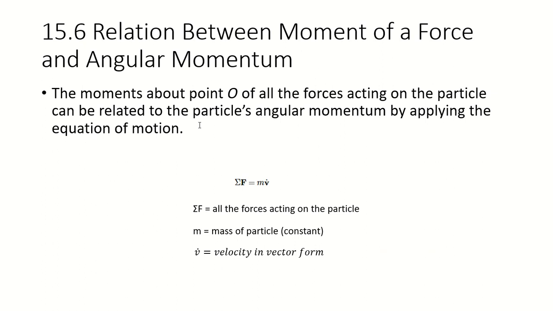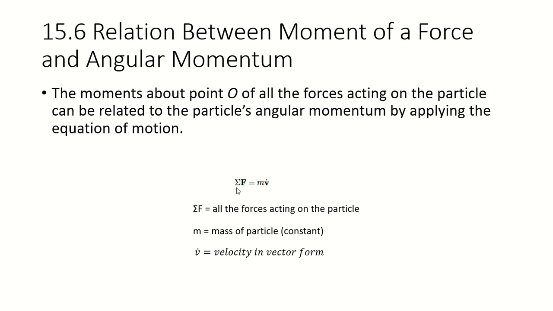15.6 is a relation. You're looking at the relation between the moment of a force and your angular momentum. Here, this is a velocity in vector form, with a little dot right there. Sometimes we put the arrow, sometimes we put the dot. It's just showing you the moments about point O of all of your forces.